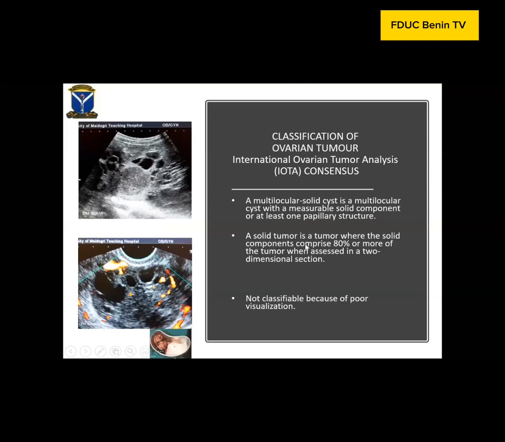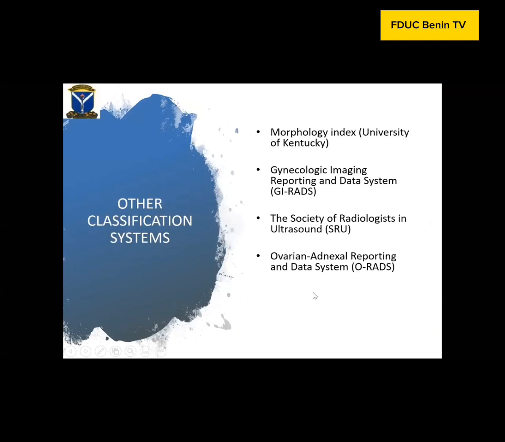A solid tumor is a tumor where the solid components comprise 80% or more of the tumor when assessed in a 2-dimensional section, as in this case of adult granulosa cell tumor. You can see that more than 80% of the tumor is solid. Not classifiable because of poor visualization, as we have seen in that case of dermoid cyst. These are the other classifications, but as I said earlier, what stands out is the IOTA classification.